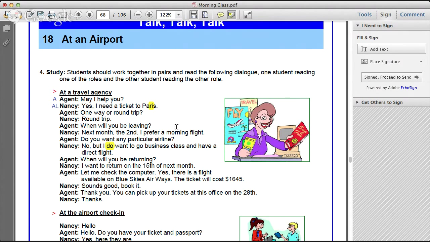I want to return on the 15th of the next month. Let me check the computer. Yes, there is a flight available on Blue Skies Airways. The ticket will cost $1,645. Sounds good. Book it. Thank you. You can pick up your ticket at this office on the 28th. Thanks.